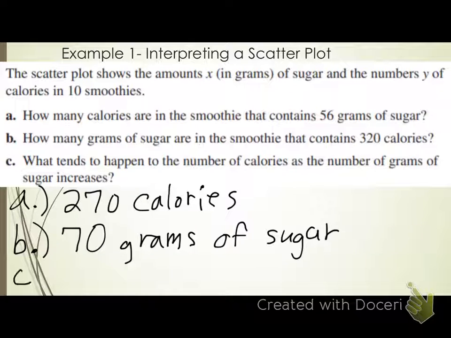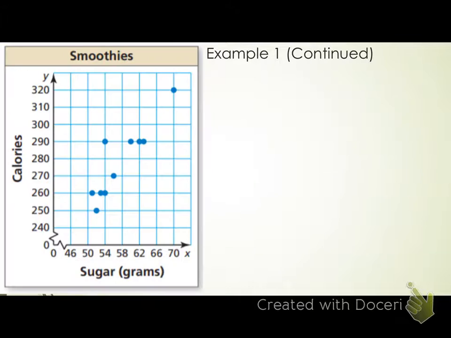Letter C. What tends to happen to the number of calories as the number of grams of sugar increases? So let's look at our grams of sugar increasing. As they increase, what's happening to my y values based on what my points are doing? They start rising. They start increasing as well.